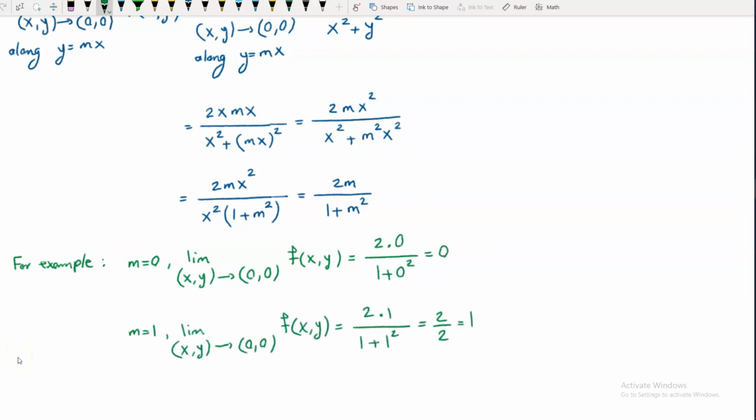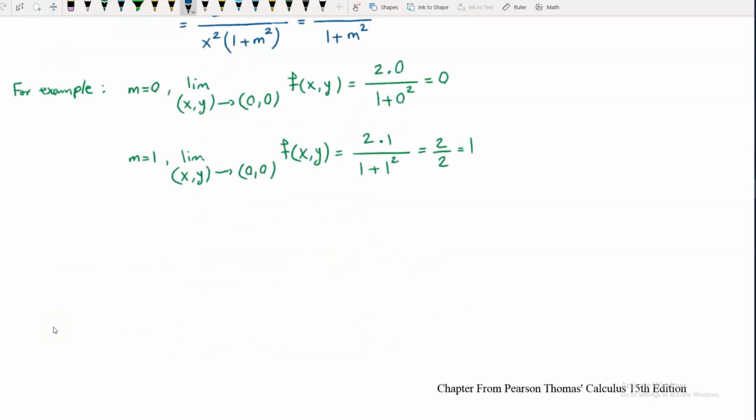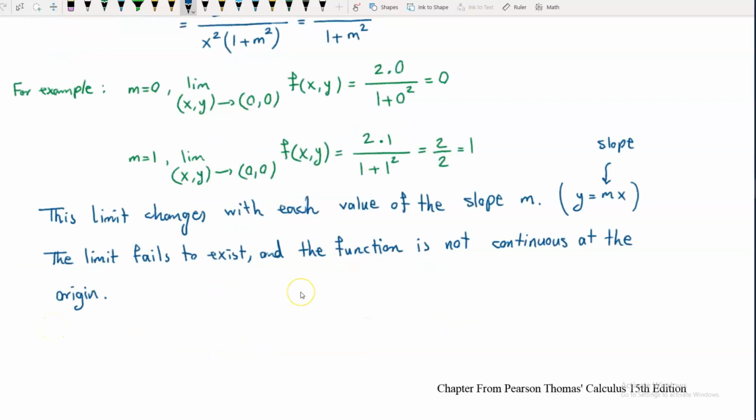And if m equal to 1, the limit is equal to 2 times 1 divided by 1 plus 1 squared, which is equal to 1. This means for different values of m, we get different values for the limit. So by definition, the limit does not exist. The limit changes with each value of the slope m, based on y equal to mx, where m is the slope. The limit fails to exist and the function is not continuous at the origin.